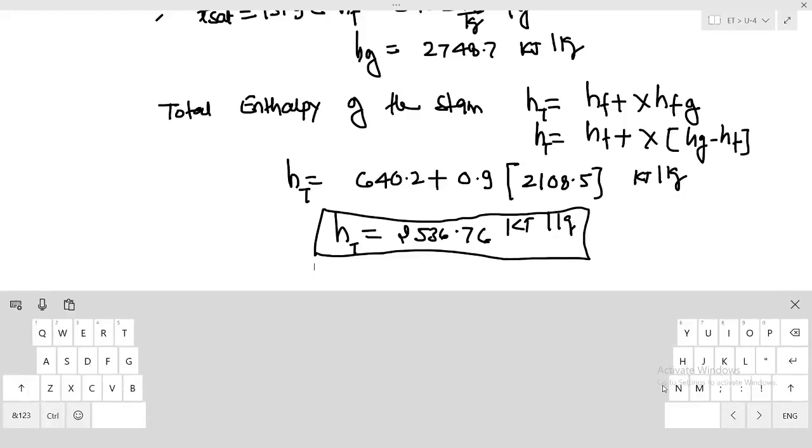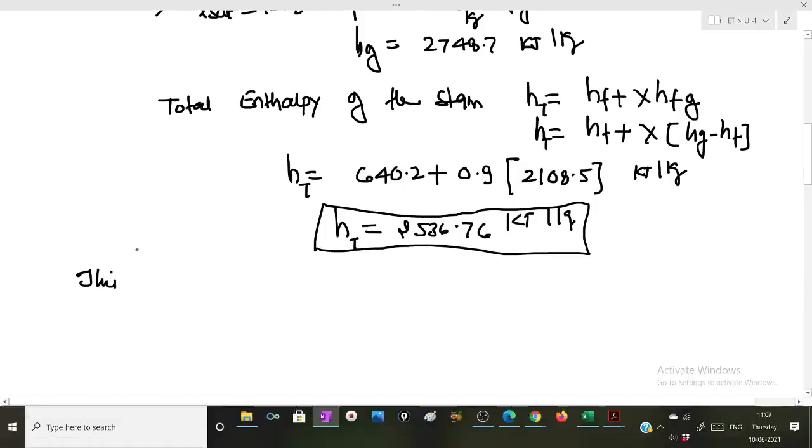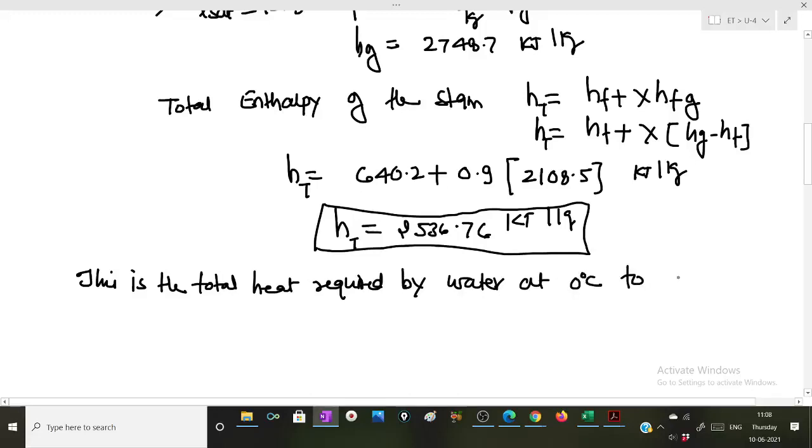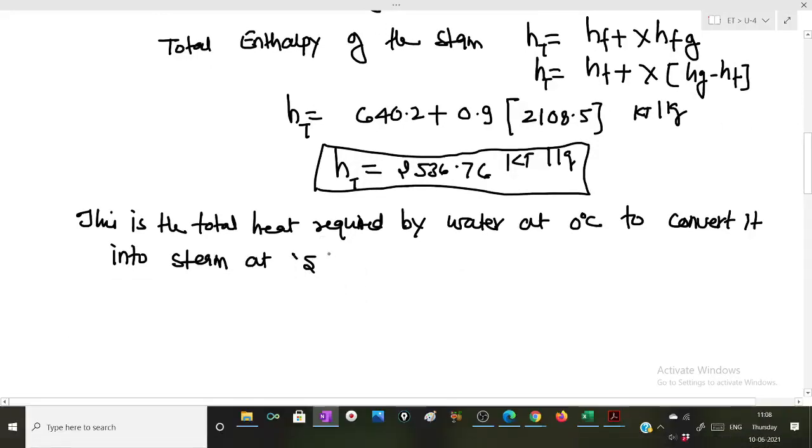Now actually what is this? This is the total heat required by water at 0 degrees Celsius to convert it into steam at 5 bar and 0.9 dry.